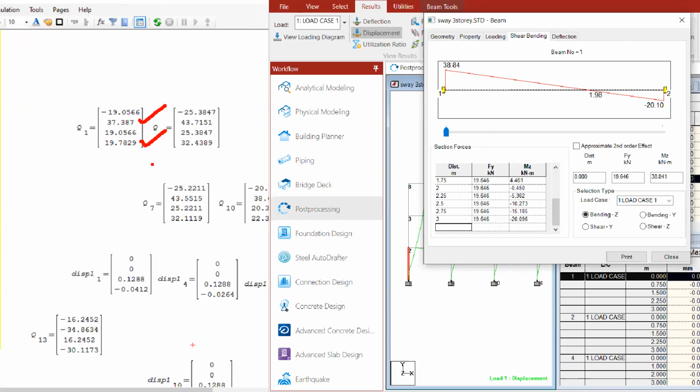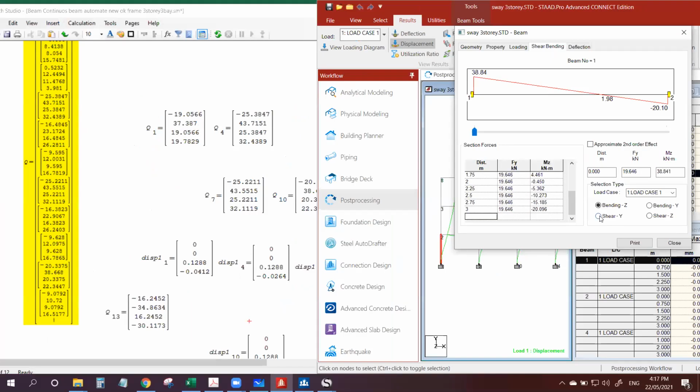Okay, that's member 1. For the shear, it should be 19 and the same, 19 and 19 because they're column. So the same, 19.